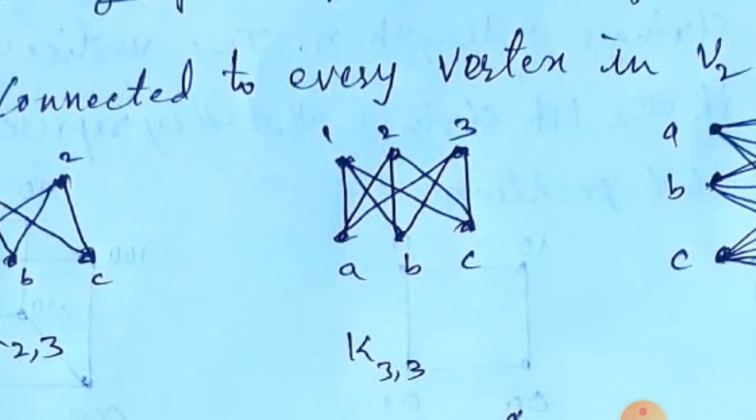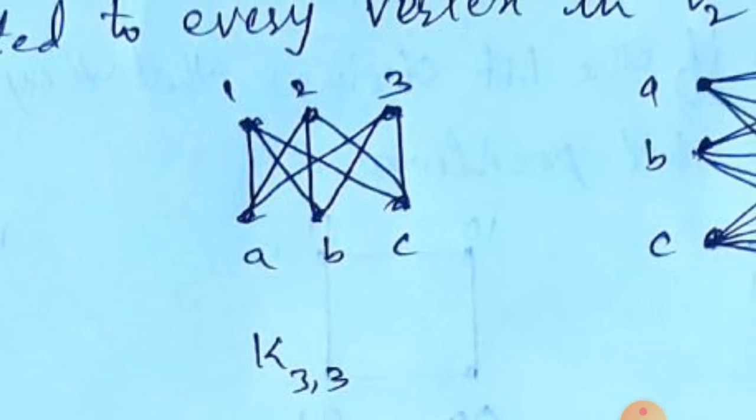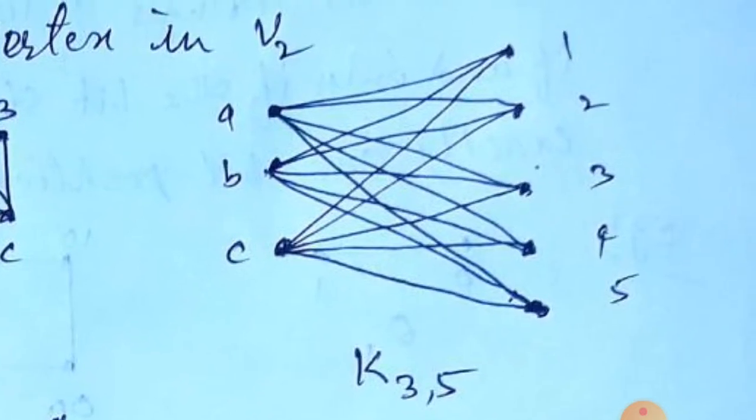Now observe K3,3. In the first set 3 vertices are there, in the second set 3 vertices A, B, C are there. Every vertex is adjacent to every vertex of the other set, so 1, 2, 3 are adjacent to the other vertices.